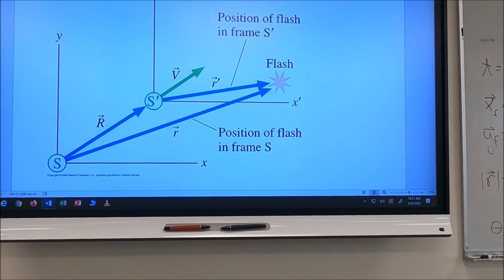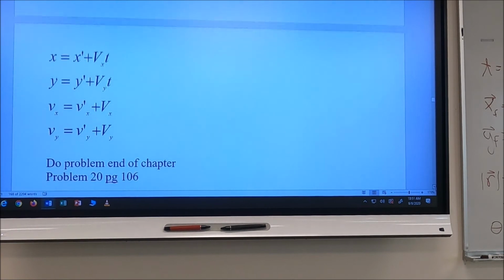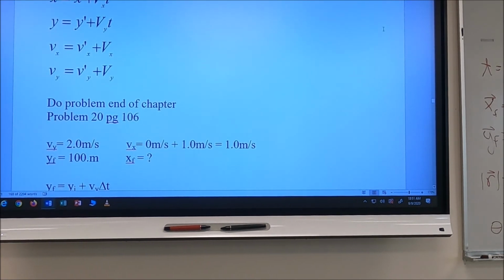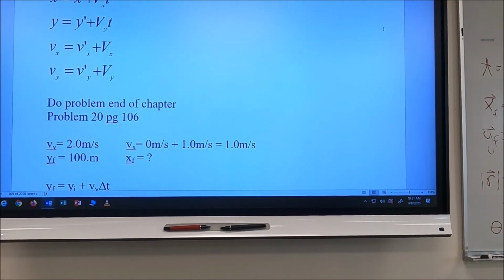So there are equations that relate things. The position in the non-moving reference frame is equal to the position in the moving reference frame plus its velocity times the time since the two reference frames were one on top of each other.